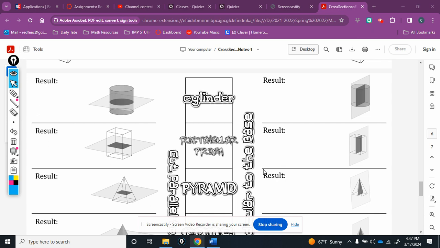So I want you to think about which figure you will get. For example, at the top, if I'm cutting this cylinder left to right, which figure would I get? If I'm cutting this cylinder up and down, which shape will show once it's cut? Okay, so from left to right, we're going to get a circle. And for this cylinder up and down, we should get a rectangle.